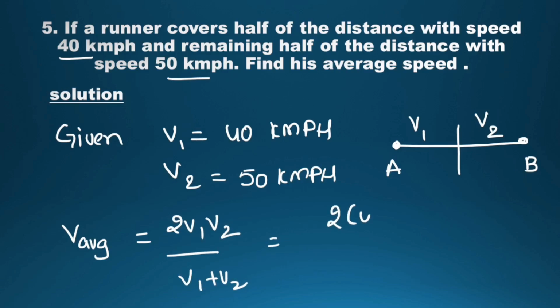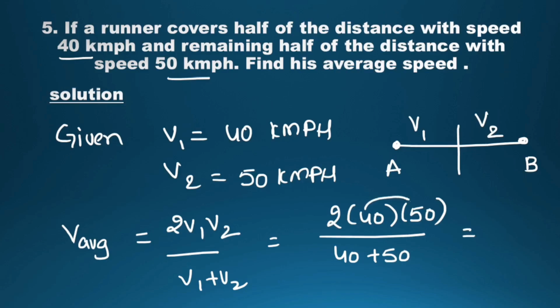Now 2 into 40, 50 by 40 plus 50 here. Now 4 5s are 20. 20 into 2, 40. 4,000 divided by 90 here.